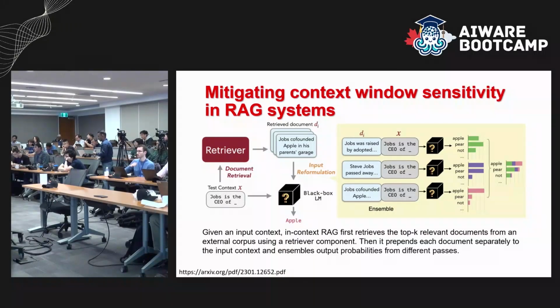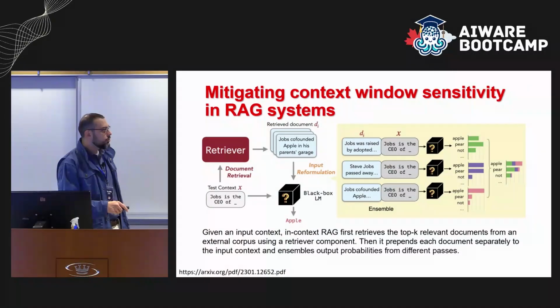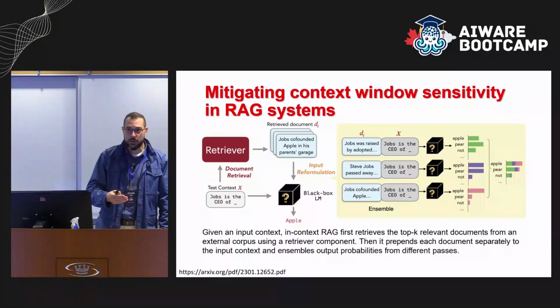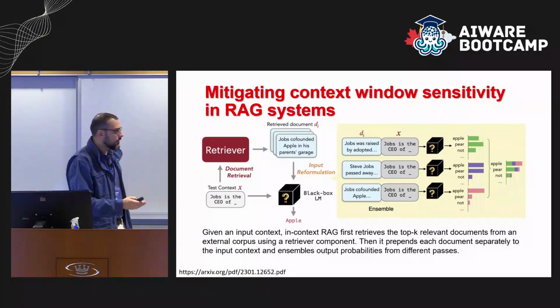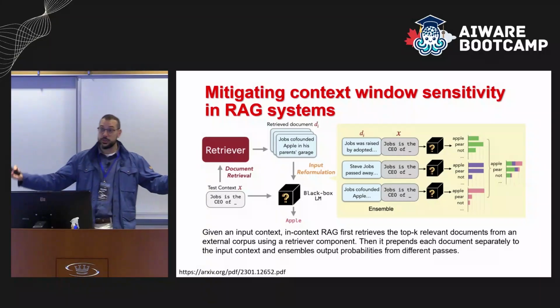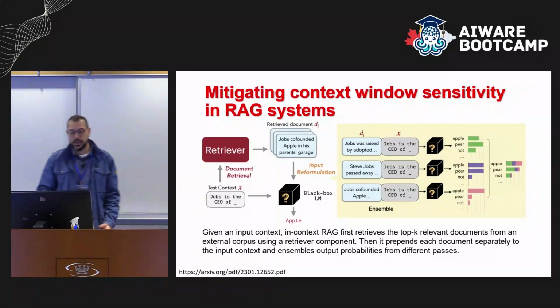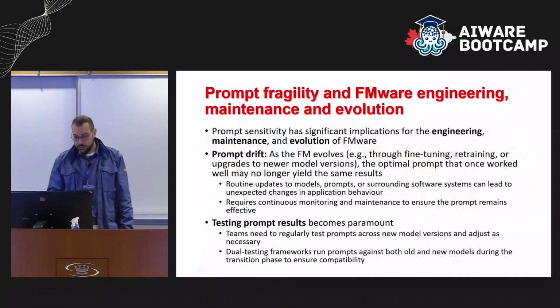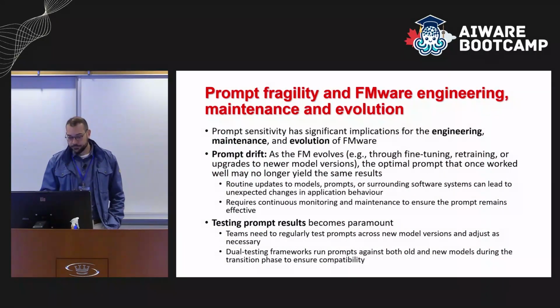And now you just average out the token distributions as a way to sample the tokens for the final output. Again, this has a drawback, which is that you're doing multiple foundation model calls, so that might be costly. However, you are at the same time mitigating the problem of the prompt being too long because you're inputting too many documents at the same time in the prompt. So that's a way to try to solve this problem.